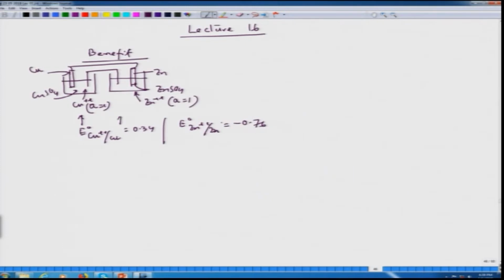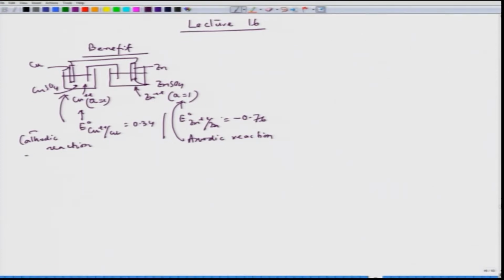So on this side we have the cathodic reaction, and this side we have the anodic reaction. Also we can see that this side is noble and this side is active. So, these two pieces of information we can definitely get.